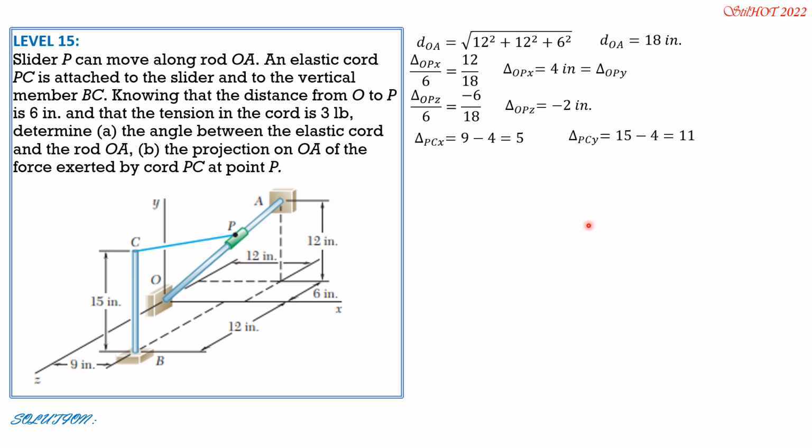Then delta PCZ, this is 12. Z coordinate of C is 12 minus Z coordinate of P, negative 2. So 12 minus negative 2 is 14 inches. So therefore, lambda of PC is 5I plus 11J plus 14K over square root of distance 5 squared, 11 squared plus 14 squared.